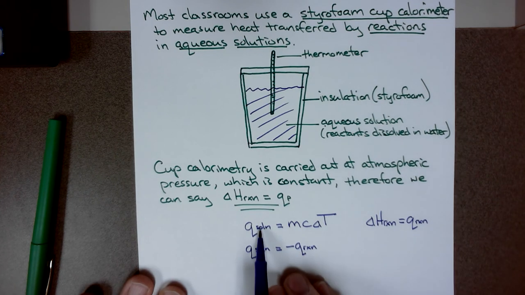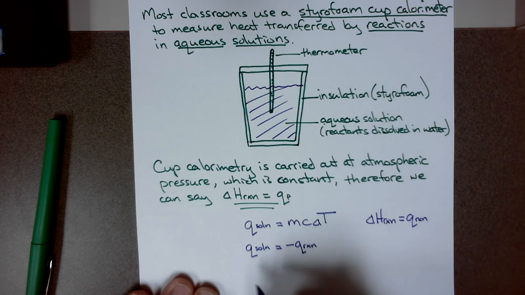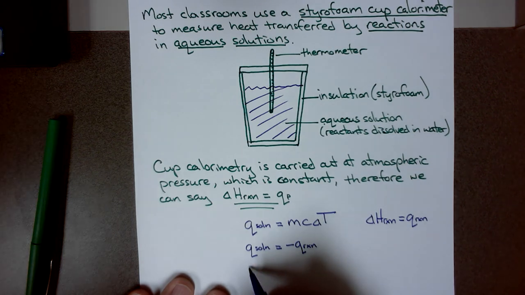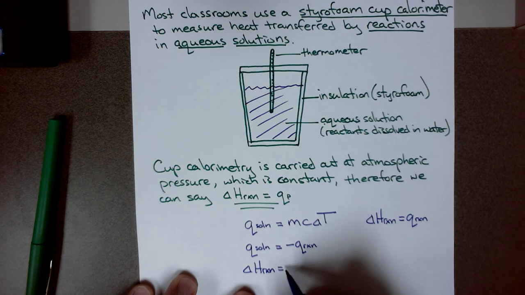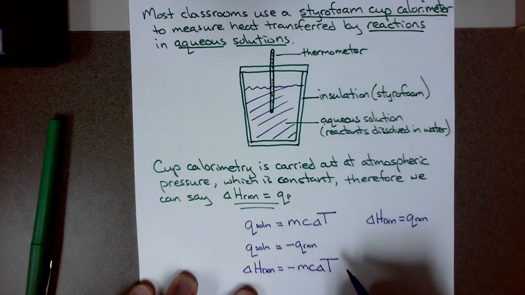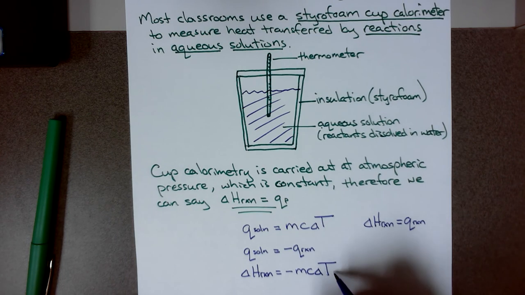And so again, if Q of the solution is MC delta T, we can say that here the delta H of the reaction is equal to, because remember we said it's a Q here, the delta H of the reaction is a negative MC delta T. Okay, and really it's the MC delta T of the solution.